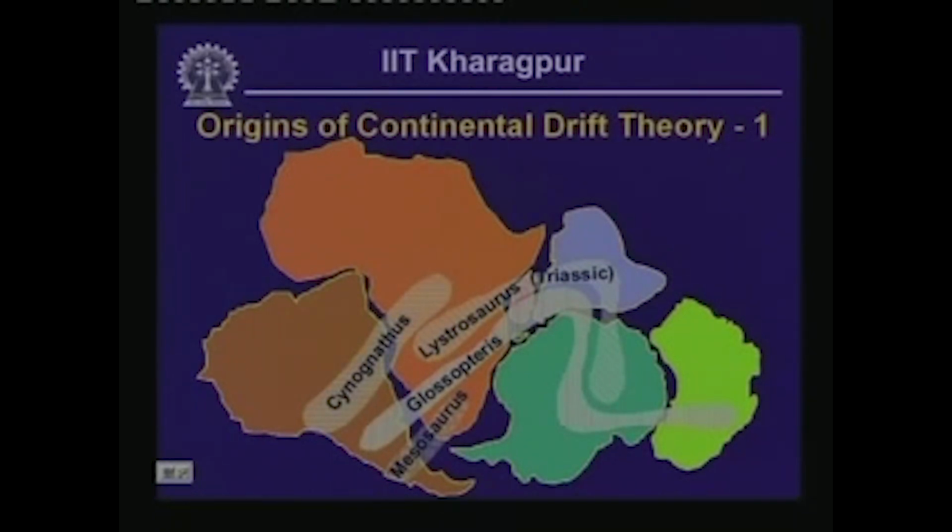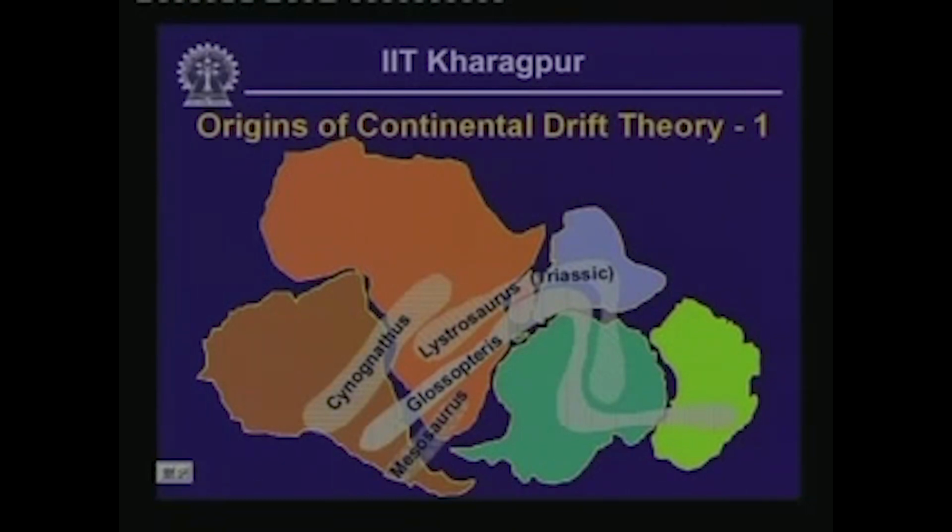So these things give rise to the question of how these plant and animal species could be found in land masses that are separated by vast expanses of ocean.